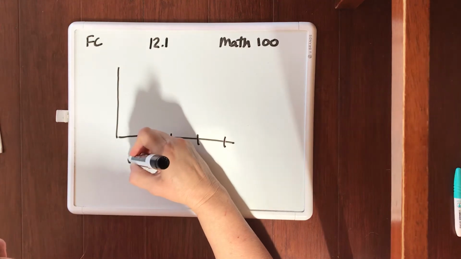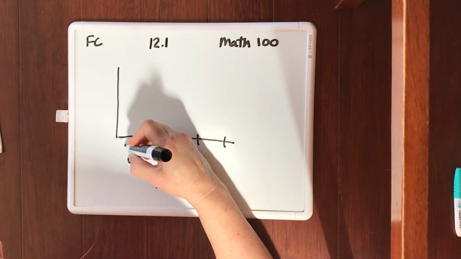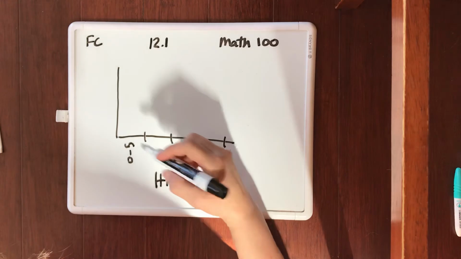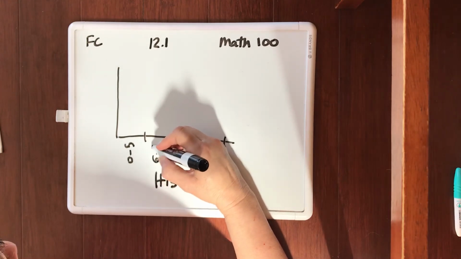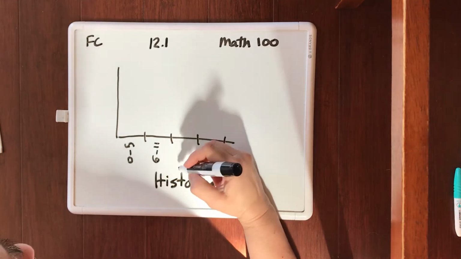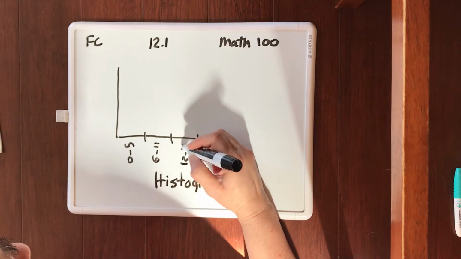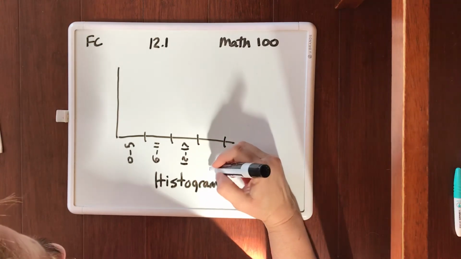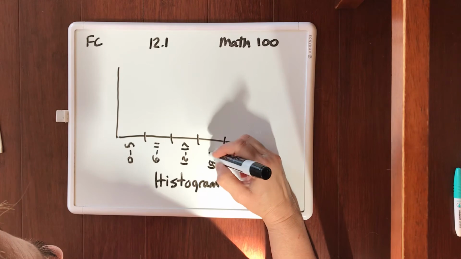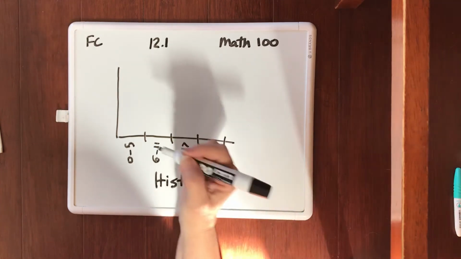So this is 0 to 5. All right. And the other one was 6 to 11. And then we had 12 to 17. And then 18 to 23. All right.